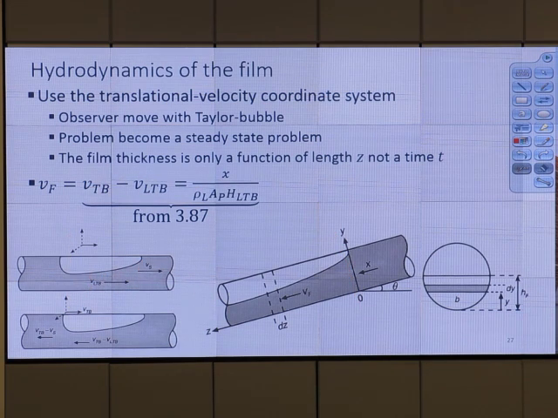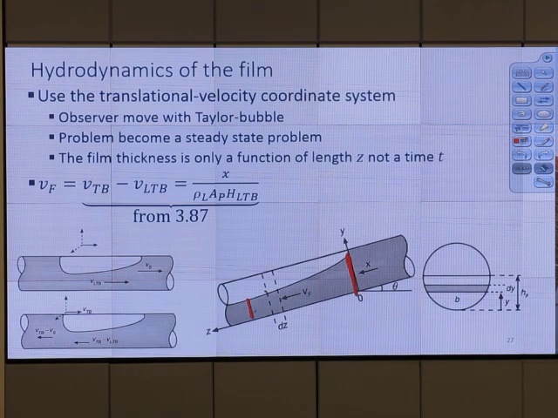The reason for that is we need to have mass balance. Okay, mass balance should happen. So mass balance means what? For the moving coordinate system, whatever goes through this boundary should go through this boundary too.